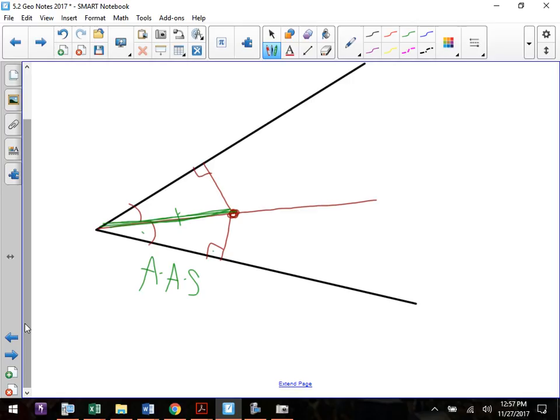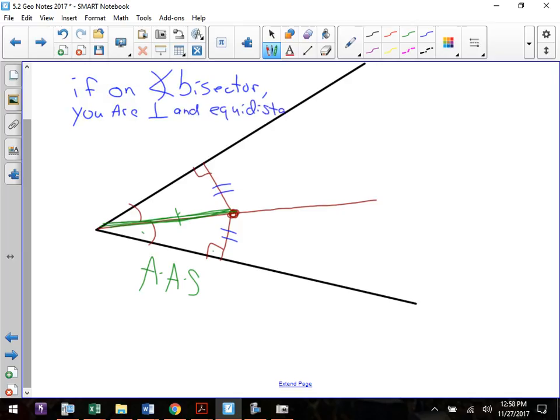Which then means that if you're on the angle bisector, you will always be equidistant to the sides. And that's what I was getting at. So if you're on an angle bisector, you are perpendicular and equidistant to the sides.